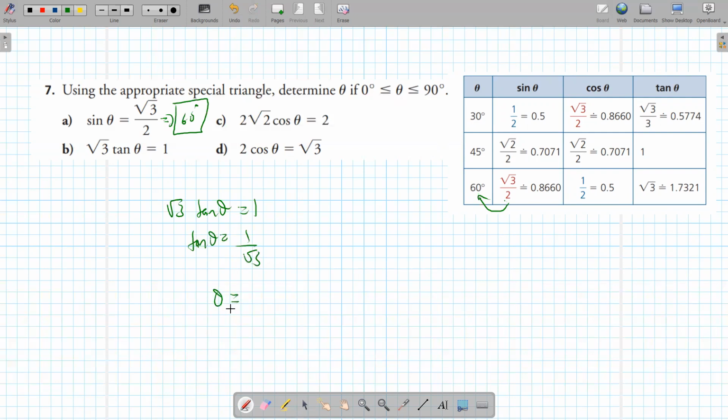So what is theta? Actually, we need to rationalize this. How do we rationalize 1 over root 3? Do you multiply by root 3? Yeah, you're going to multiply by root 3 on the top and the bottom. So times root 3 times root 3. So what do you get?